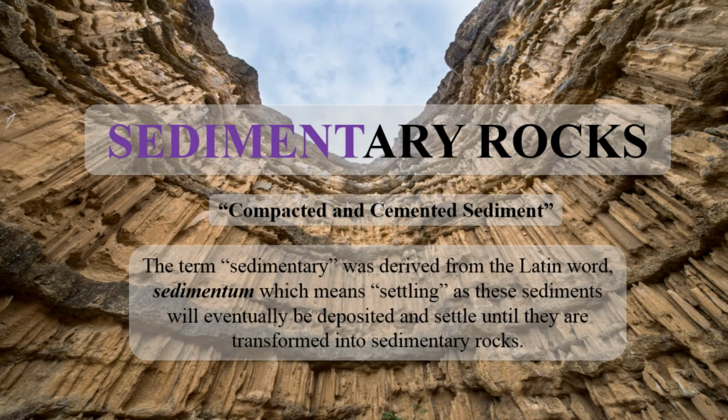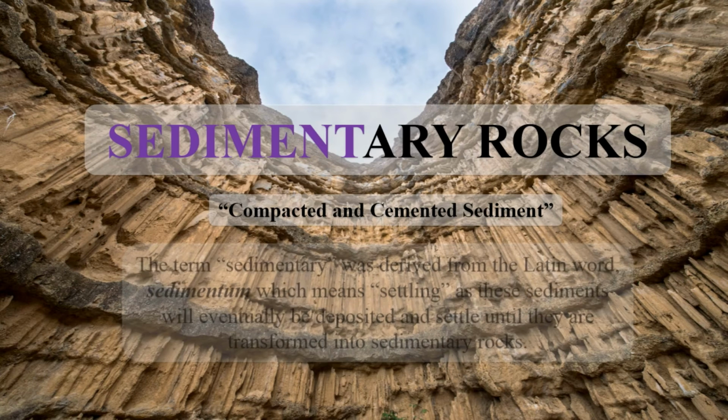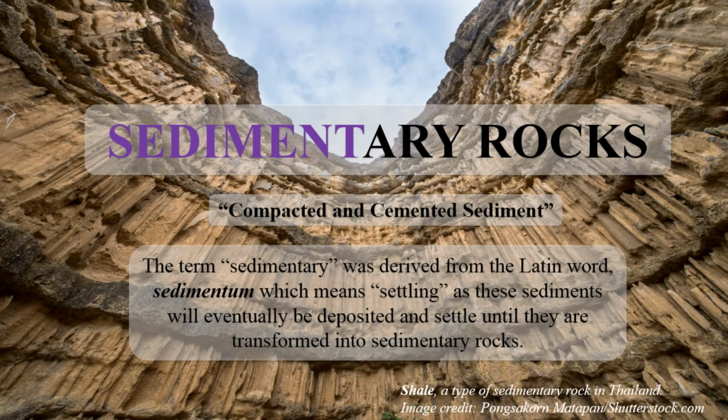The term sedimentary, as the name suggests, was derived from the Latin word sedimentum, which means settling, as these sediments will eventually be deposited and settle until they are transformed into a sedimentary rock. The picture that you can see in the background is an example of sedimentary rock, which is a shale that can be found in Thailand.